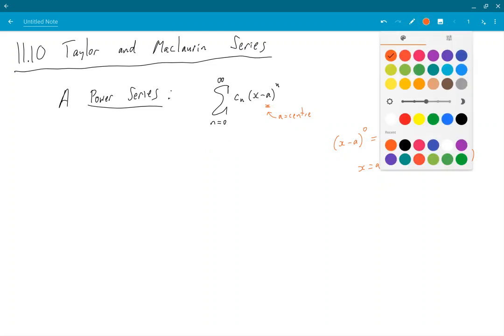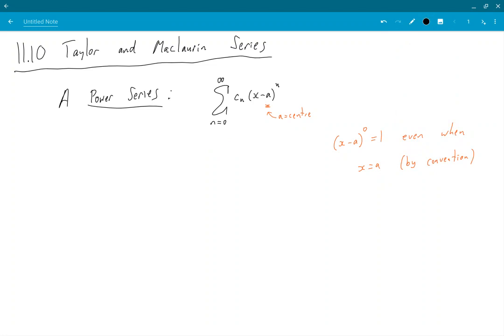Okay, so now that we have power series, the question that arises is, can we take a function, just any old function, and write it as a power series? So let's write down the question.